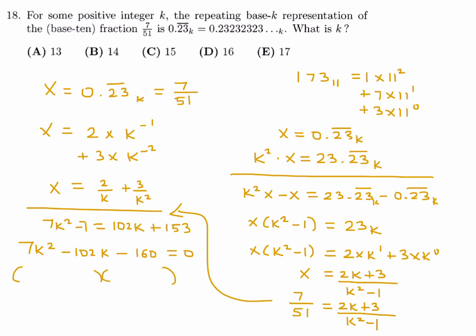I think this should factor: 7k plus 10 times k minus 16. So k is either 16 or negative 10 over 7, and obviously the answer would be 16. So number 18, that is D.